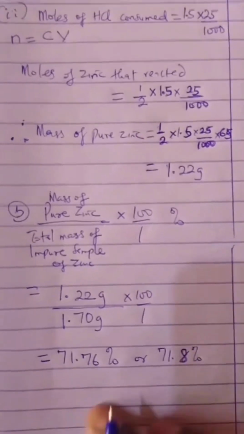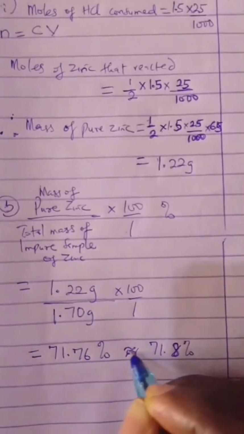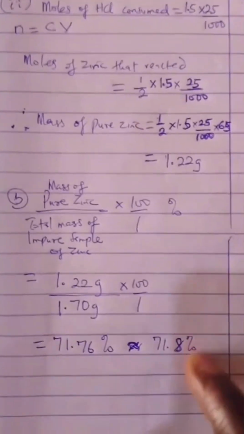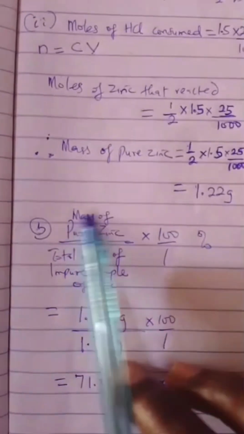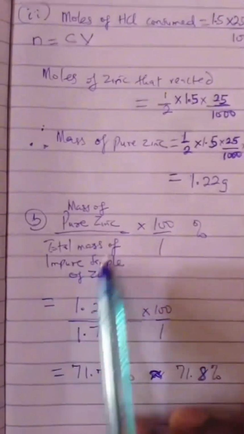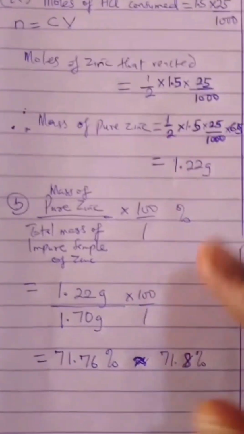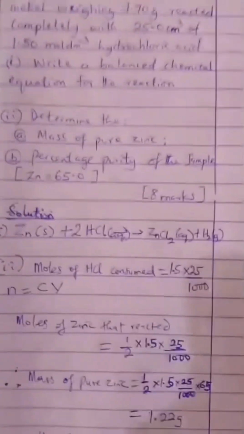So percentage purity is always the mass of the pure sample over the total mass of the impure sample times 100 over 1, because we are expressing it as a percentage. So that's the final answer. I hope that was clear.